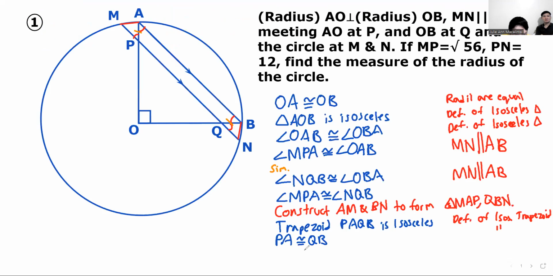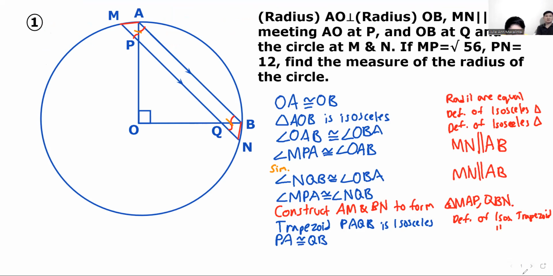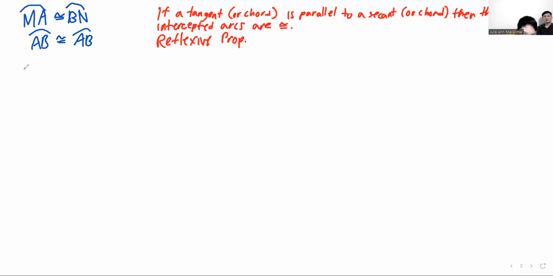Then, by the arc addition theorem, MA plus AB, that is arc MAB, is congruent to BN plus AB, that is arc ABN.